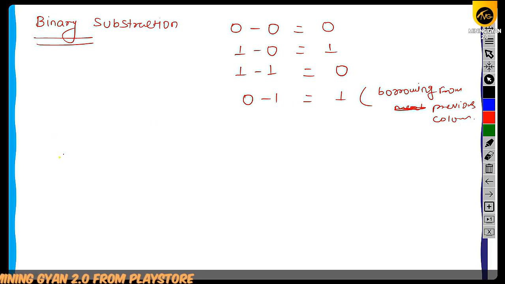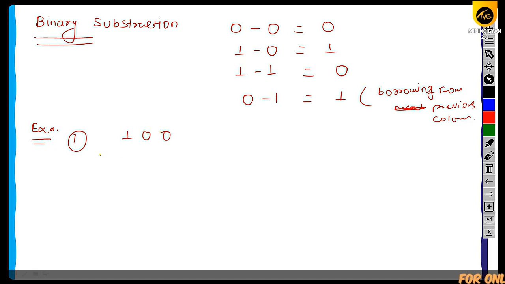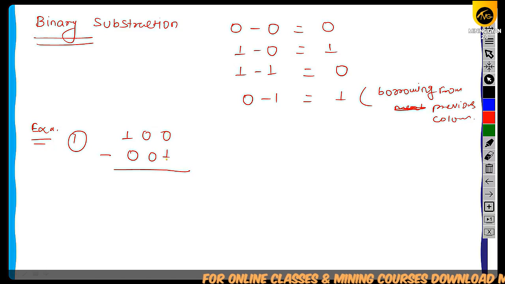Like for example, suppose the first example is 100 minus 001. Now 0 minus 1 becomes 1 if you carry from the previous column.